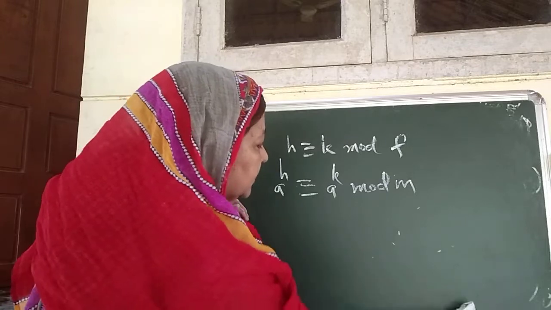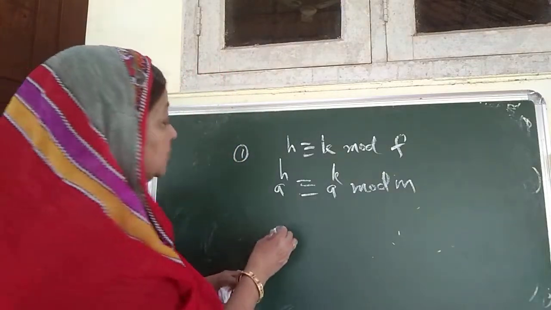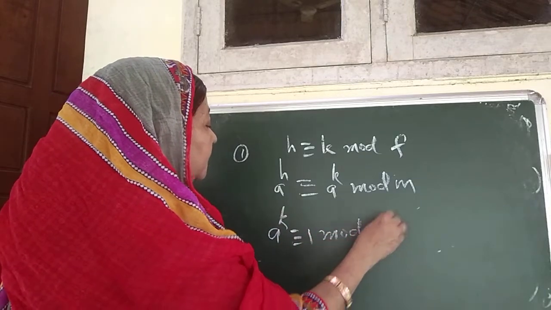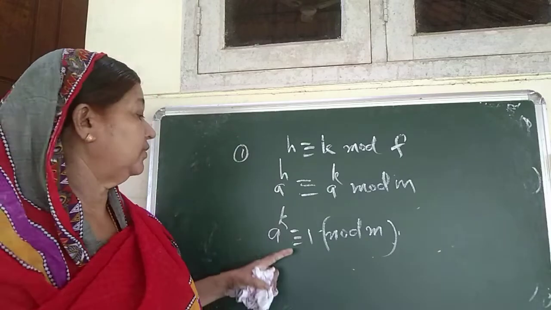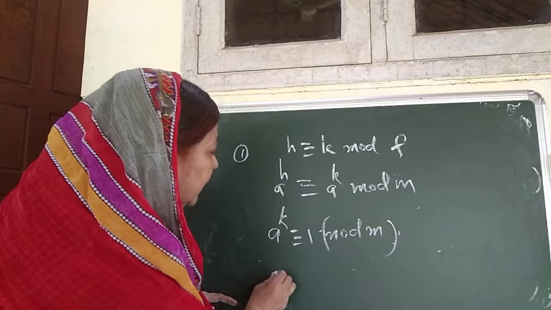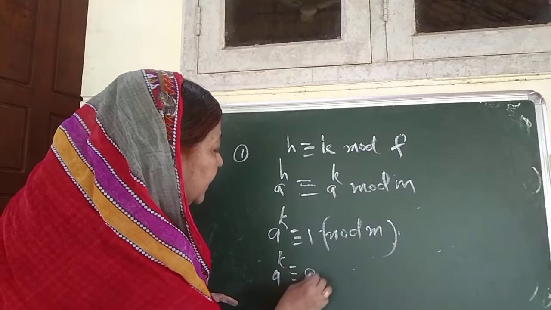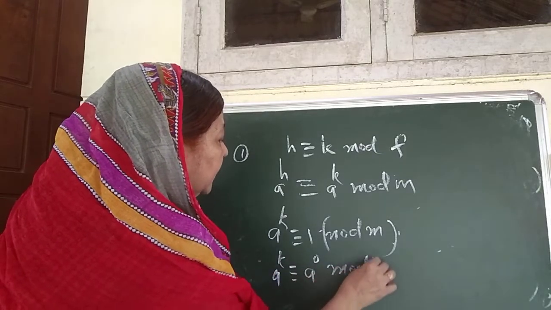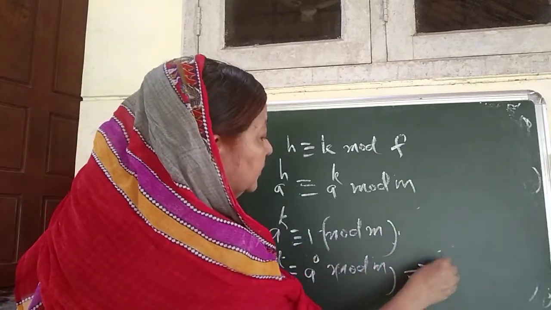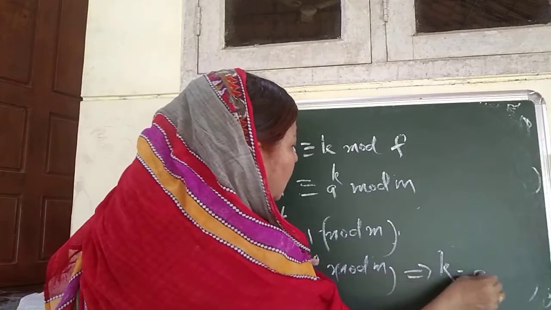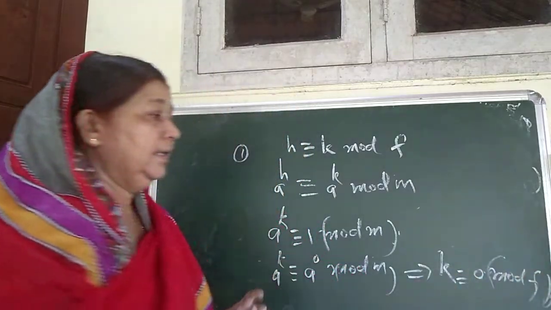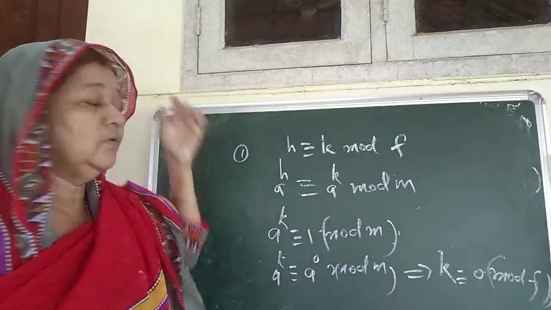By means of this property, we can see that if a raised to k is congruent to 1 modulo m, that means a raised to k is congruent to a raised to 0 modulo m. Then applying the above property, we know k is congruent to 0 modulo f.